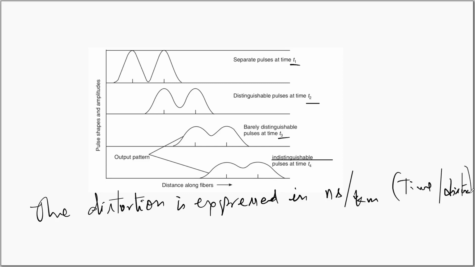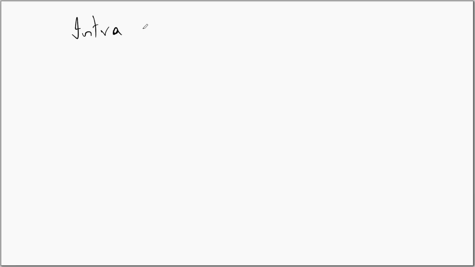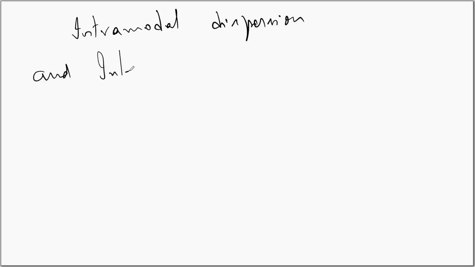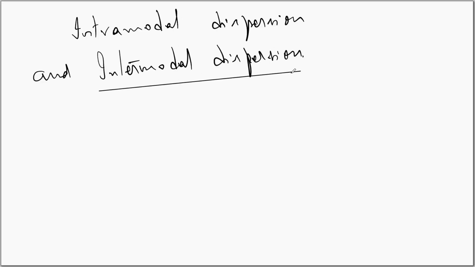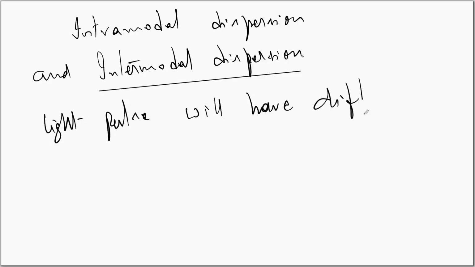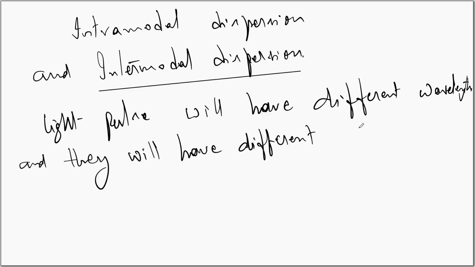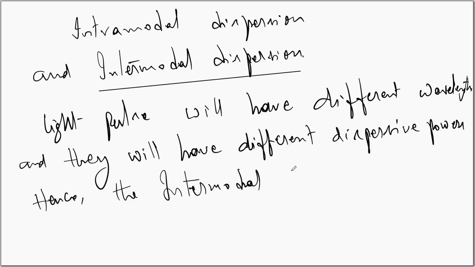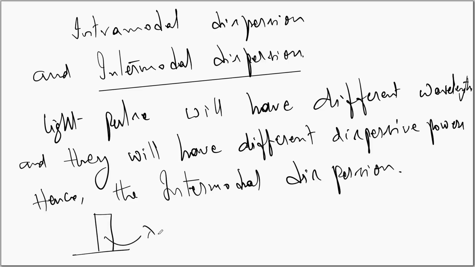The distortion of the signals in optical fibers is mainly due to two factors: intramodal dispersion and intermodal dispersion. The intermodal dispersion is mainly due to the fact that a light pulse will have different wavelengths and they will have different dispersive powers. Suppose you have a light pulse like this. This light pulse can have, say, lambda 1, lambda 2, up to lambda n.